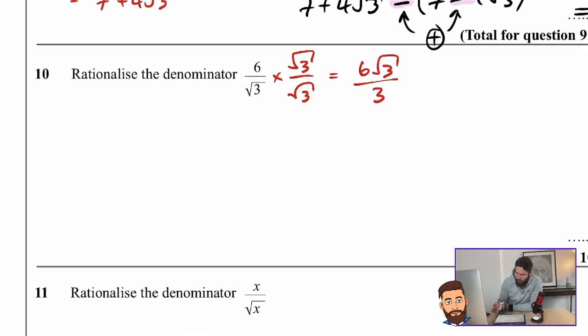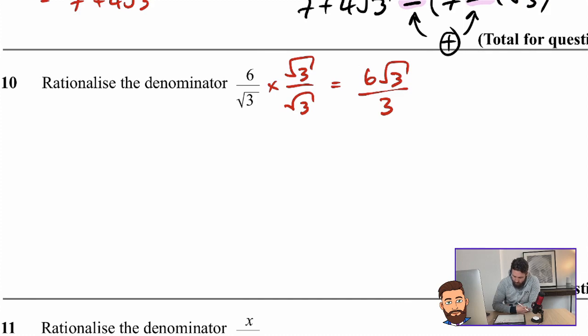So if you times the top and bottom by root 3 to eliminate the surd on the bottom, you would get 6 root 3 over 3. Now we can simplify this, because if you can see 6 and 3, 6 can be divided by 3. How many 3s go into 6? 2. The answer to that, as simple as it will go, is 2 root 3.